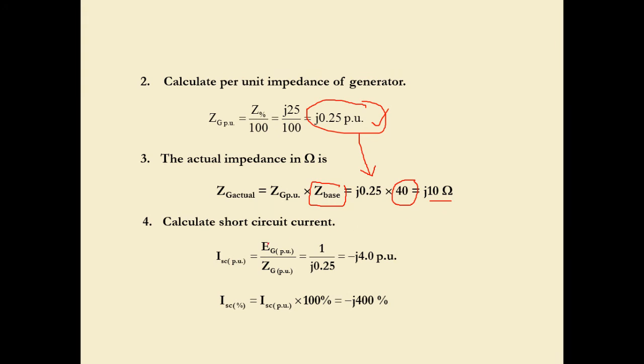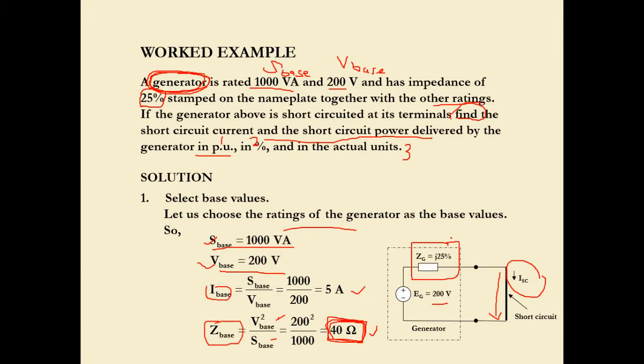So calculate the short circuit current. I short circuit pu equals EG pu over ZG pu. So this is divided by 1, I believe, EG pu. We just directly pick from here.